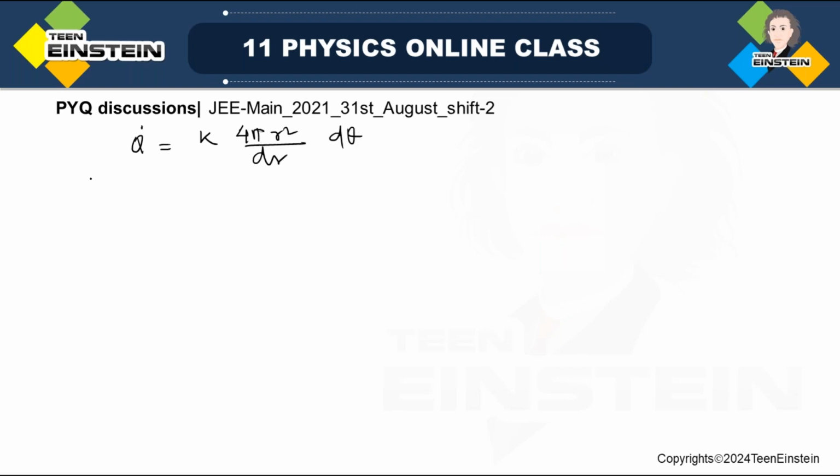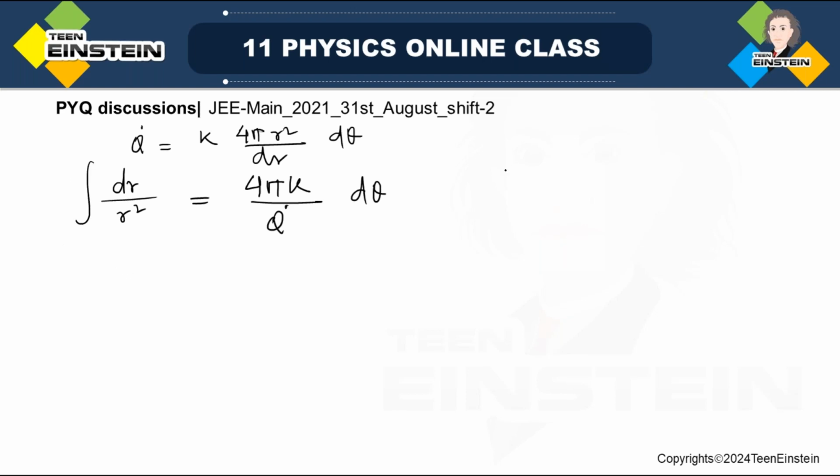Now from here let me write dr by r square on this side, and here 4 pi k divided by q dot into d theta. Now both sides let us do the integration.